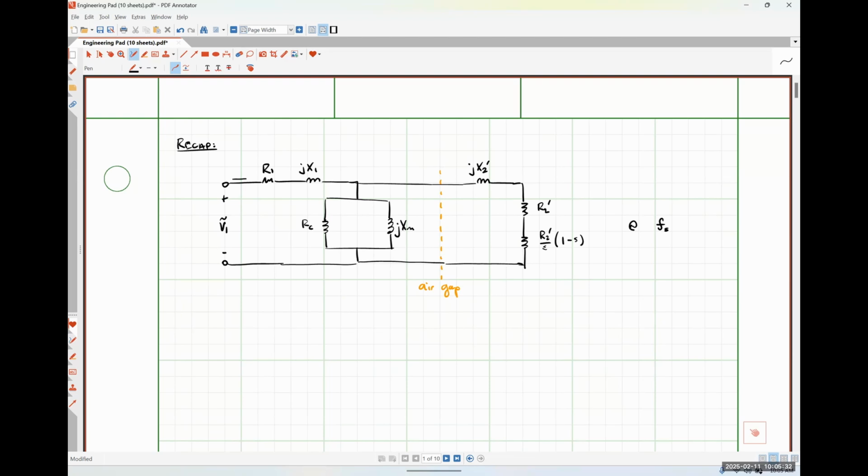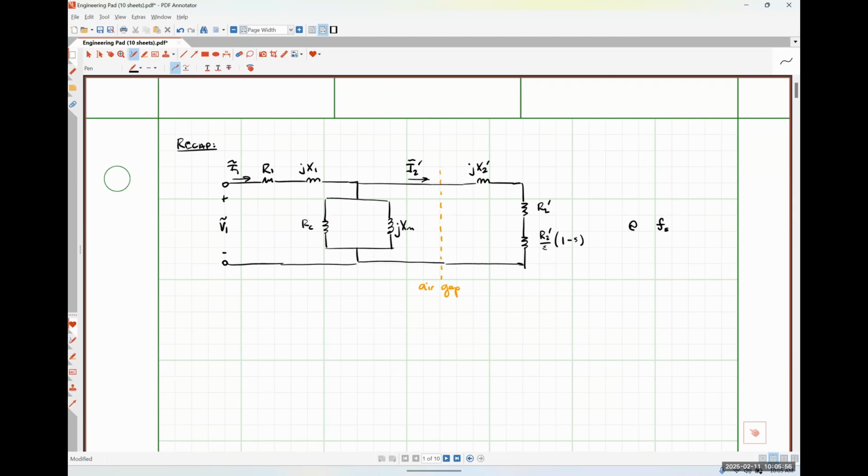Just for what it's worth, this is our current I1. This is going to be our current I2 prime, so that is our rotor current for what we're working on. And let's leave this there. So this is the IEEE model.